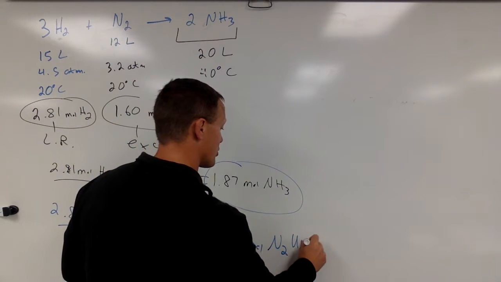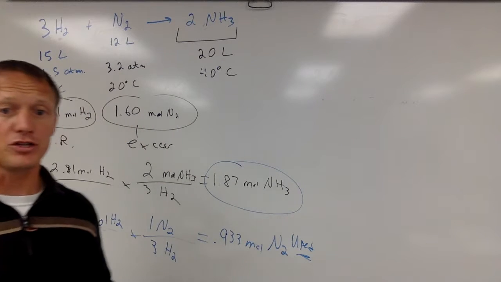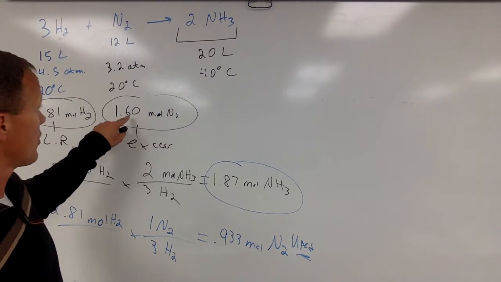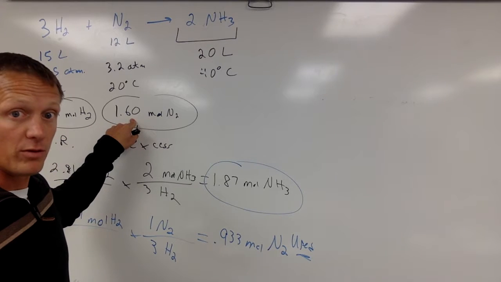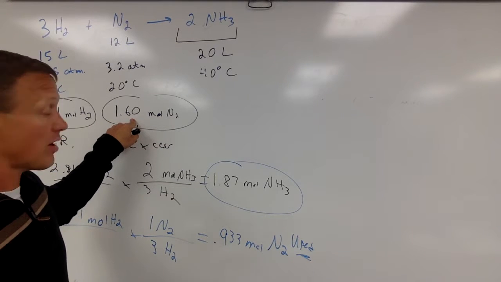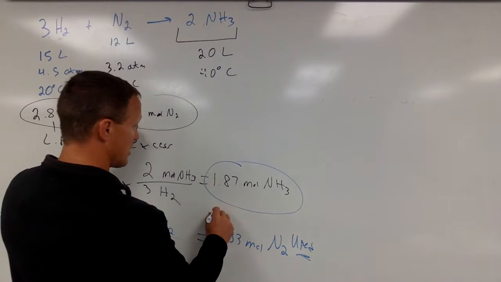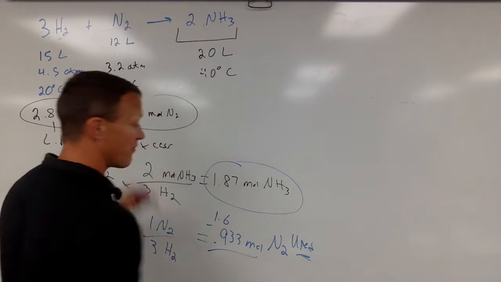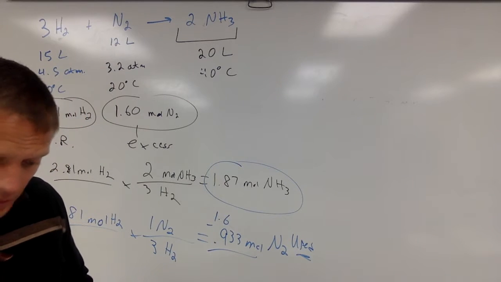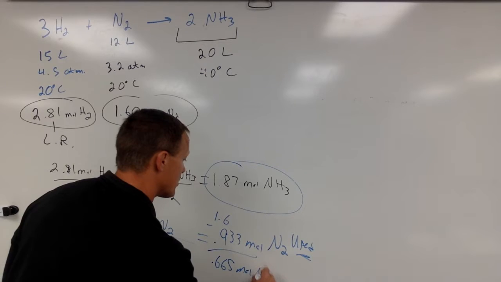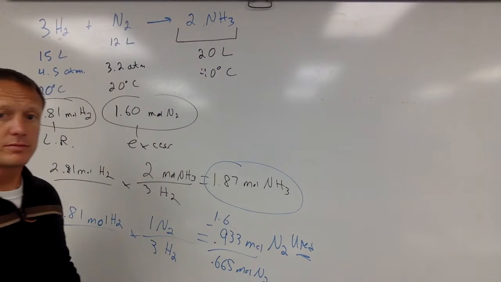Remember, that's how much is used, not how much is left over. That's how much is used out of the 1.6 moles that were available. Again, we didn't use all of it because we ran out of hydrogen. So we need to take 1.6 minus that, figure out how much nitrogen is left over. And you get 0.665 moles of nitrogen.